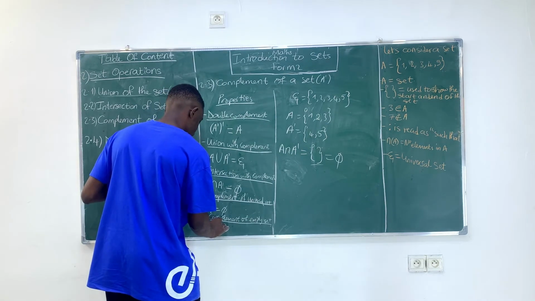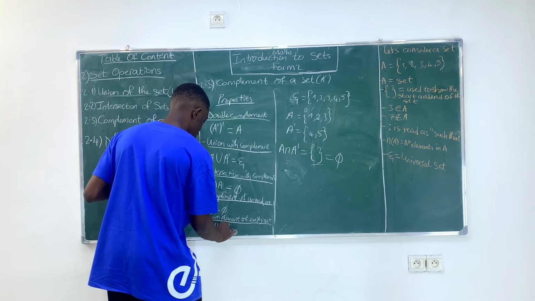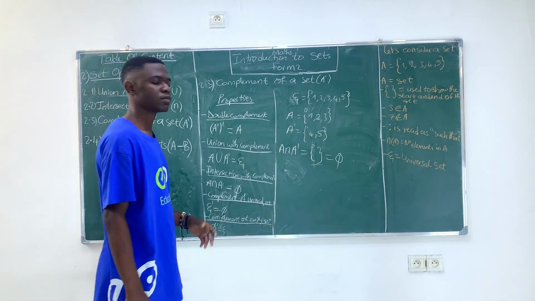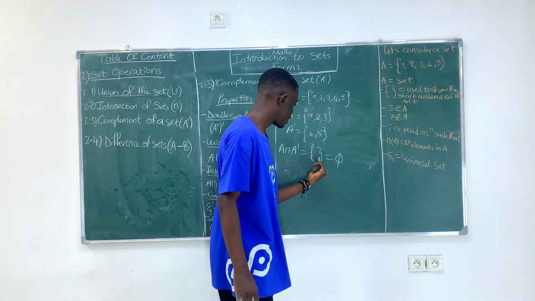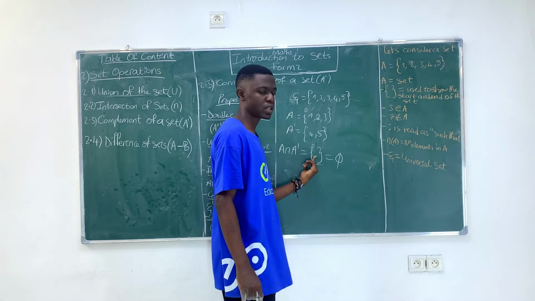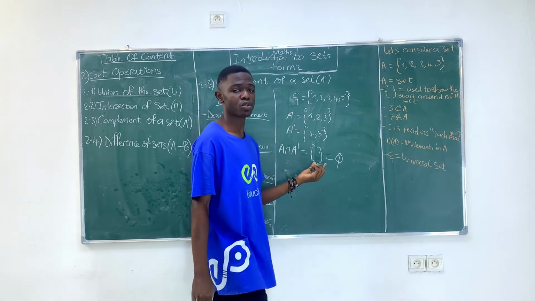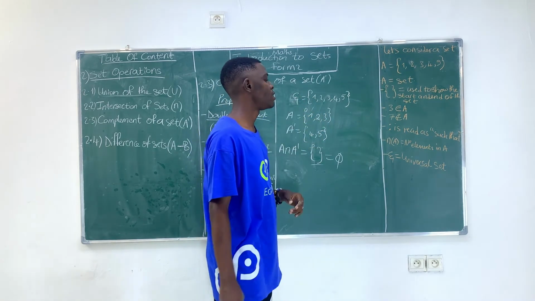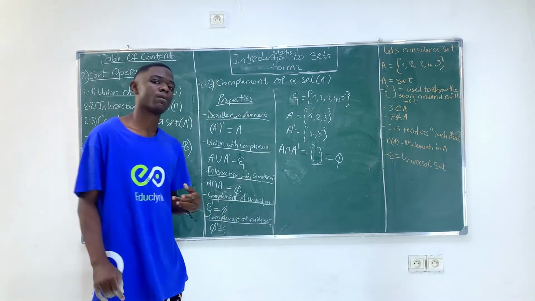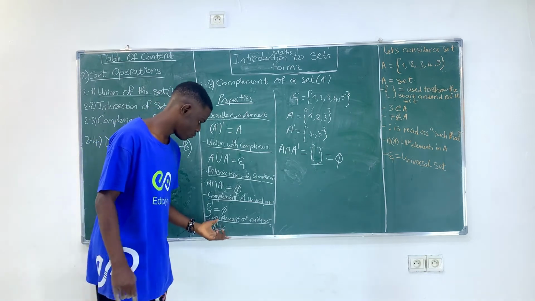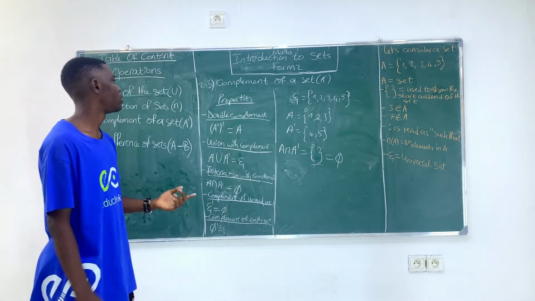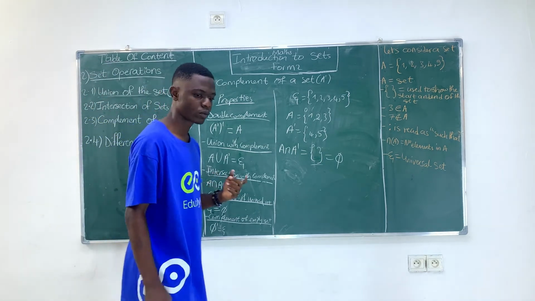We have an empty set like this, a set which has nothing. The complement, or the contrary, of nothing is everything, and everything is your universal set. So that is the fifth and last property of the complement of a set.